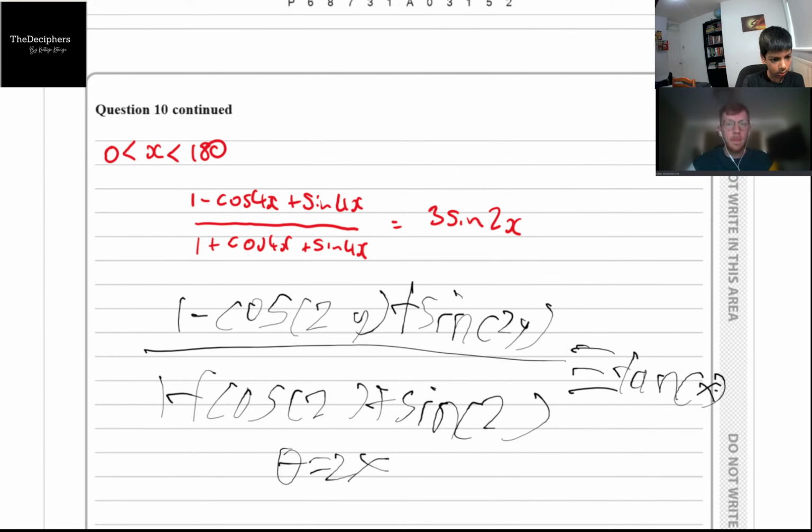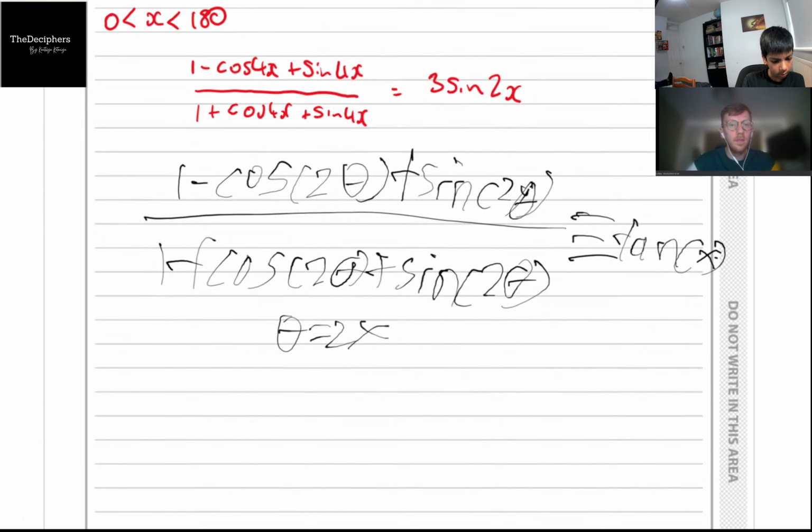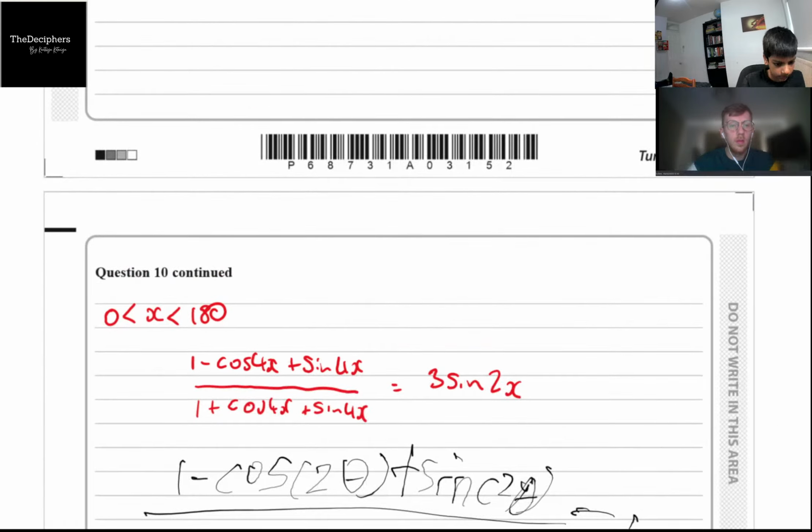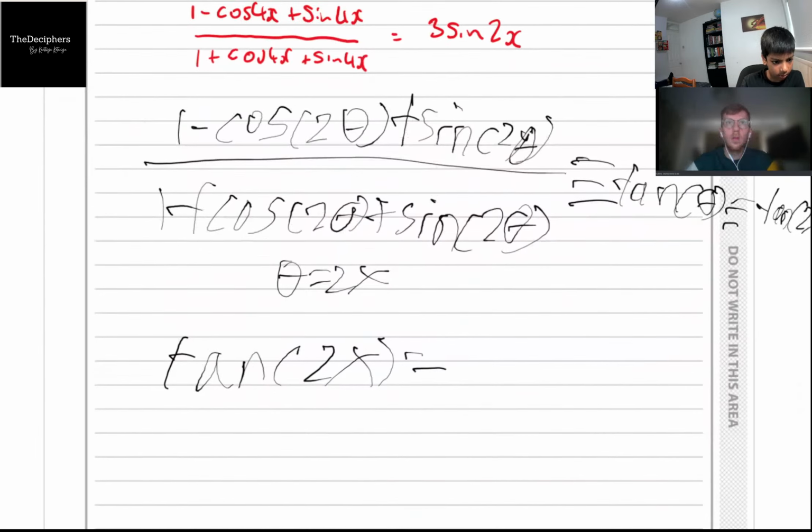So if you do the substitution, theta equals 2x, then that's the same as tan 2x. So we want to find all solutions to tan 2x is 3 sine 2x. Brilliant.